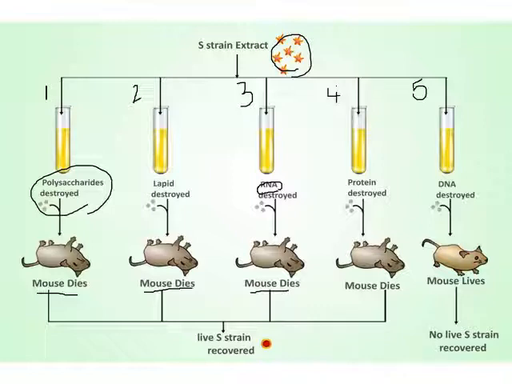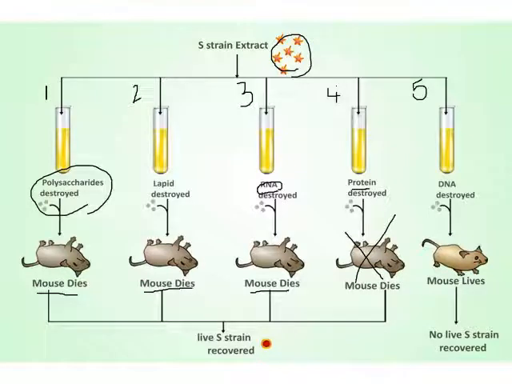Mouse still dies. So, nothing yet. To go after the proteins, use a protease enzyme. Take the S solution, add the protease, allow it to digest all the proteins, mix that with the R, inject it into the mouse, mouse dies.